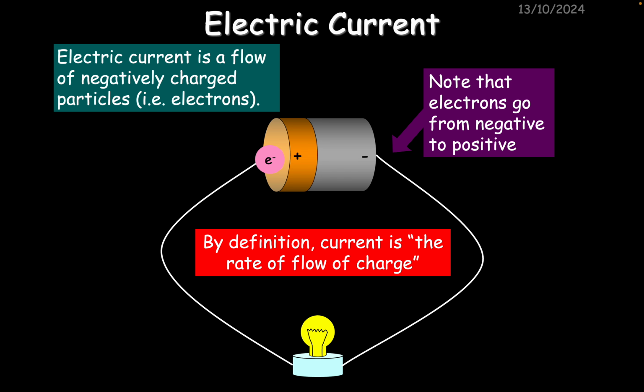So the box in the red is what you've got to remember. But internally it's electrons flowing, but it doesn't have to be electrons, okay? In other situations it could be positive charges flowing. For example, when you're electroplating using electrolysis in chemistry, sometimes there are positive ions which are transferring charge as well.